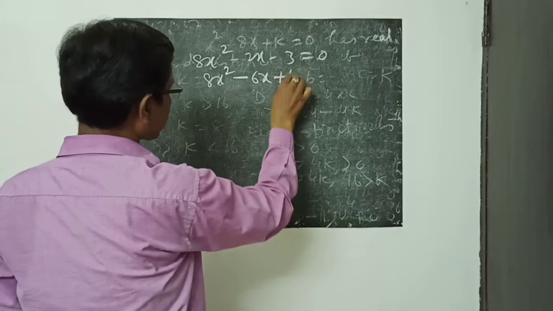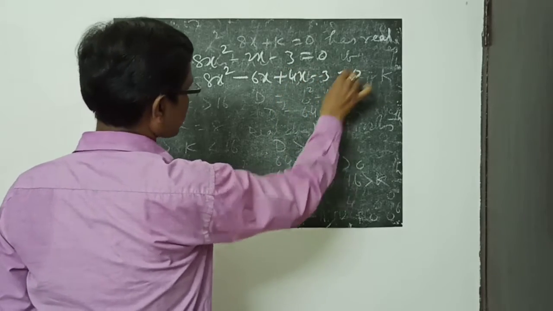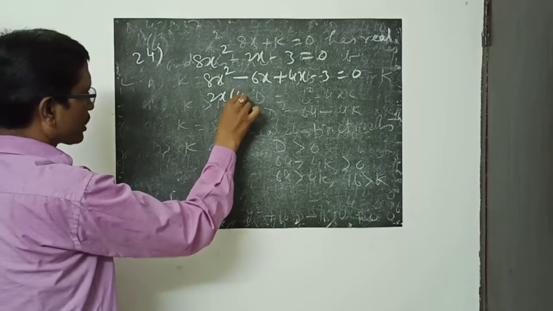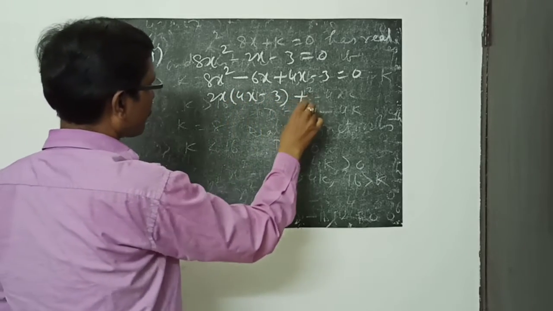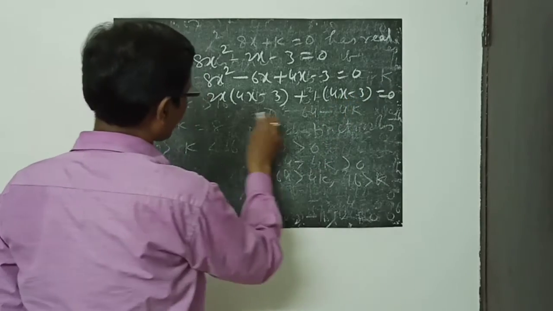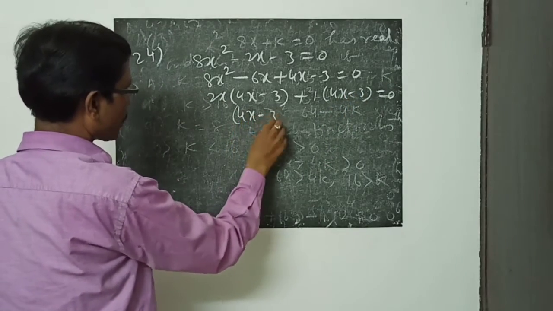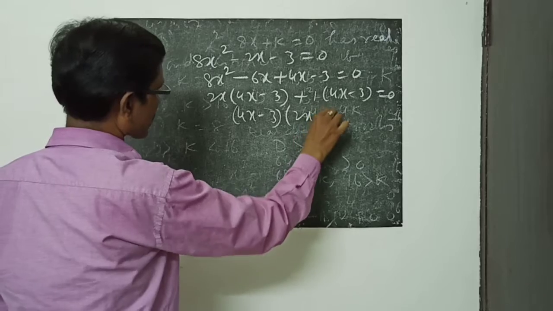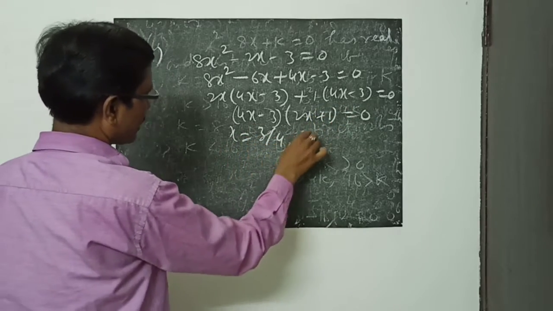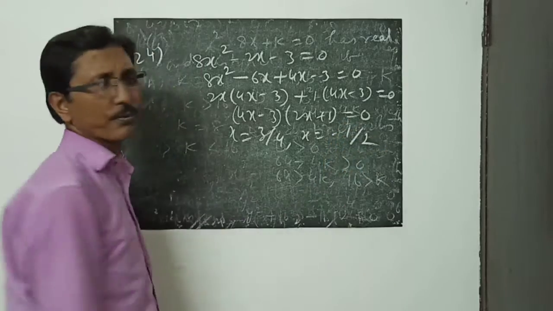So minus 6x plus 4x minus 3 equal to 0. If you take common 2x, it will come 4x minus 3 plus 1 if you have taken. So ultimately 4x minus 3 and 2x plus 1 equal to 0. So you will get 3 by 4 as well as minus 1 by 2.